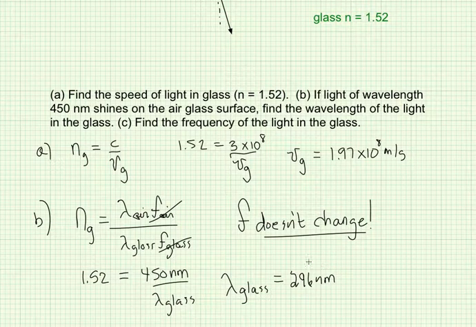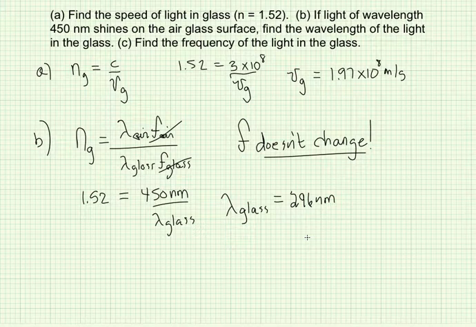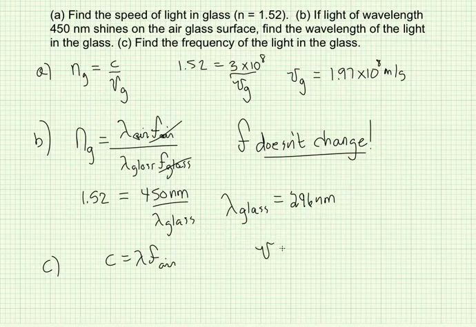Now, last but not least, let's find the frequency of the light in glass. It really doesn't matter: I could use c equals the wavelength times the frequency while it's in air, or I could use v in glass equals the wavelength in glass times the frequency in glass. It doesn't matter as long as I stay consistent.